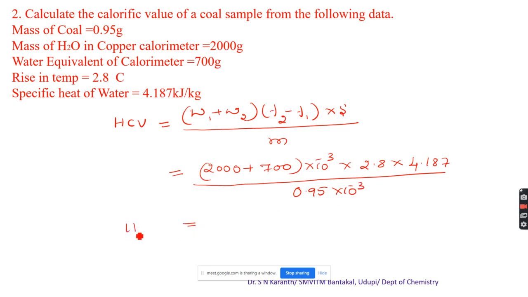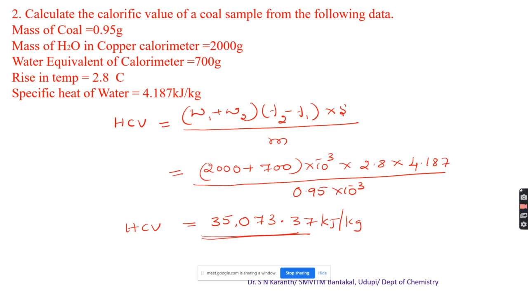So the higher calorific value of the fuel sample becomes 35,073.37 kilojoule per kg. This is the answer we get from this particular coal sample.